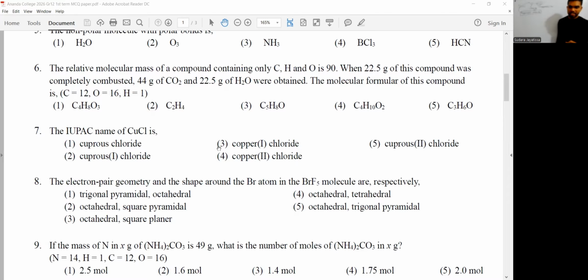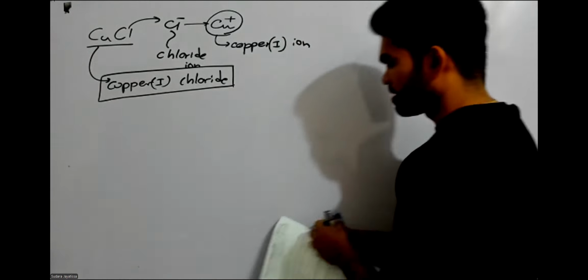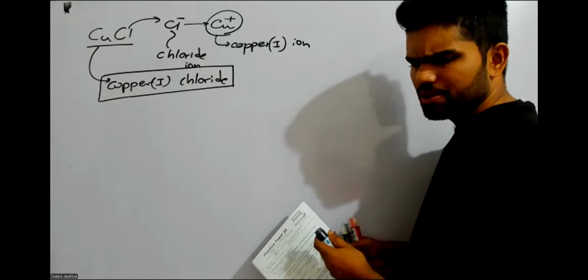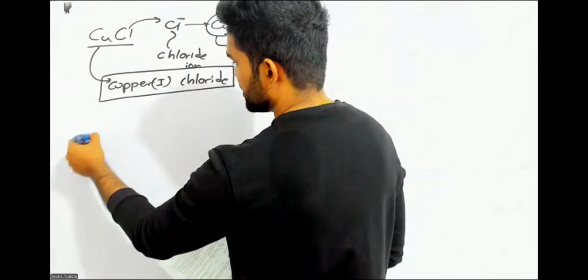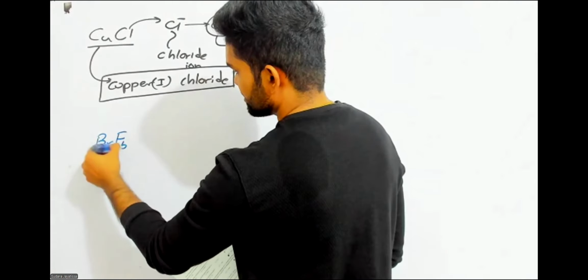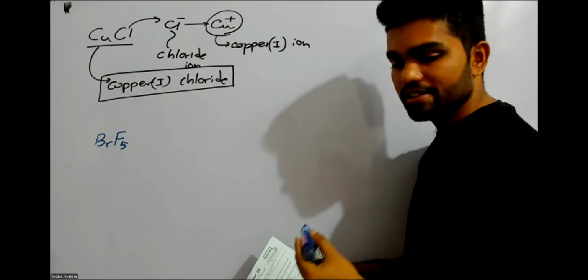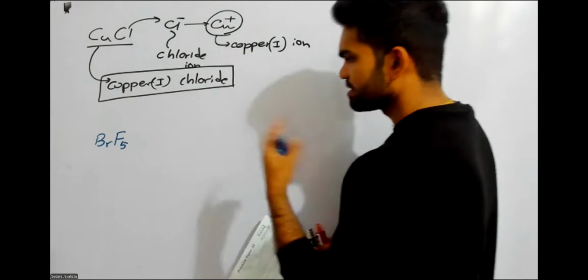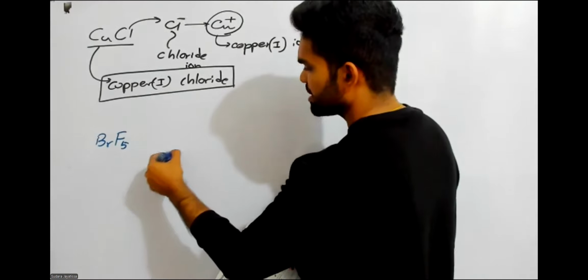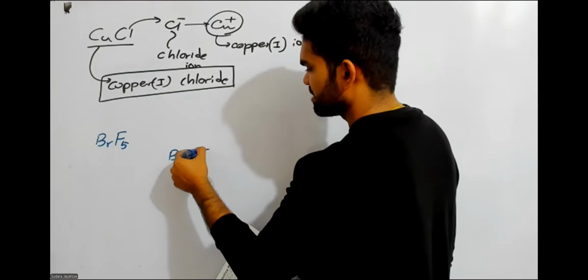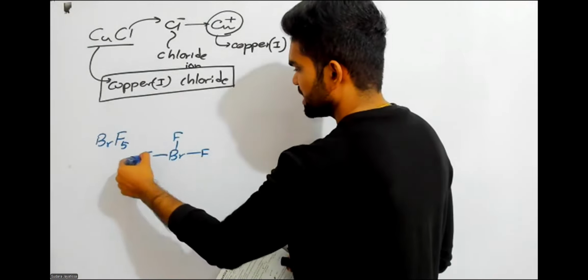Electron pair geometry and the shape around the bromine atom in the BrF5 molecule. Just to revise the Lewis method, in this paper too I'll use it. I drew some structures earlier without the Lewis method, but for someone who needs it, I think I should revise it. So first of all, get the skeleton.